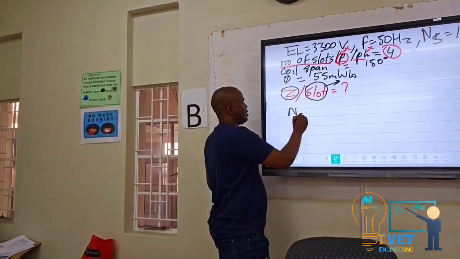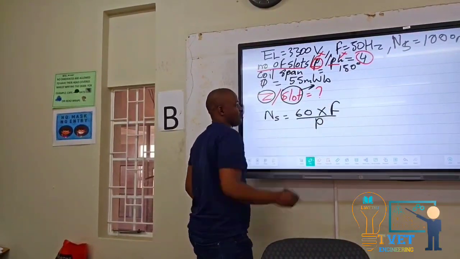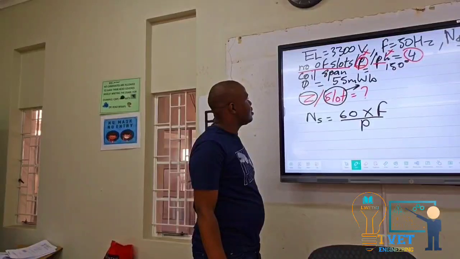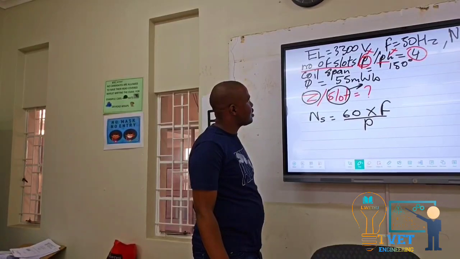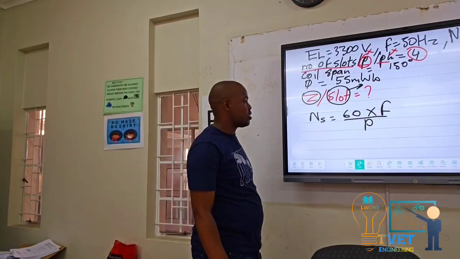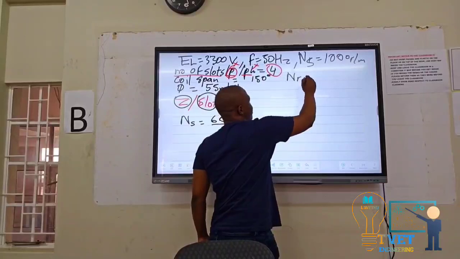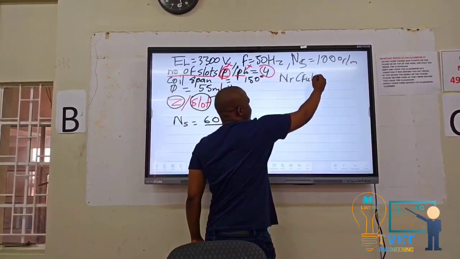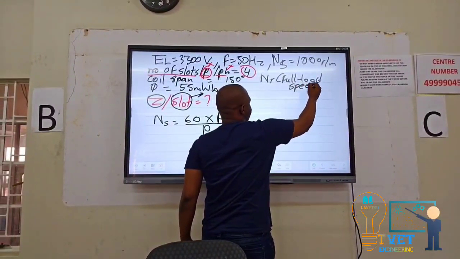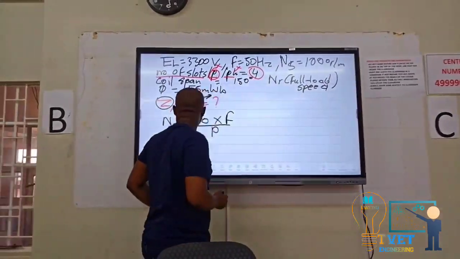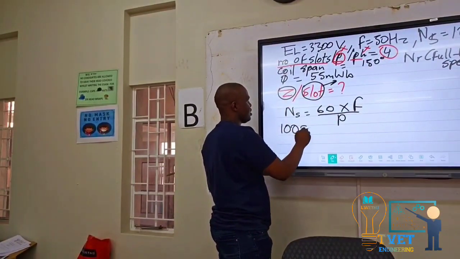Then we say N equals 60f over P, where N is the motor speed at full load. So here now we have 1000 revs a minute.